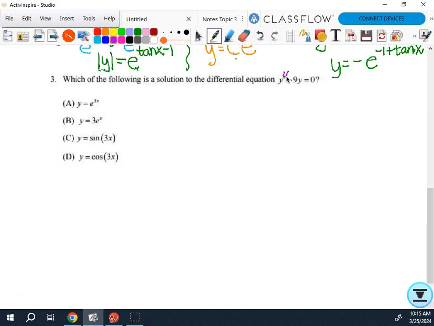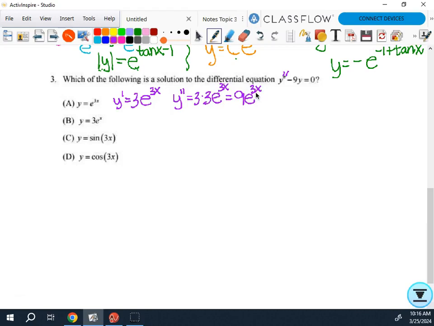So if y equals e to the 3x, then y prime is equal to, I use the chain rule, e to the 3x, and then I take the derivative of the exponent, which is 3. So when I do y double prime, that's going to give me 3e to the 3x times 3, which is 9e to the 3x power.